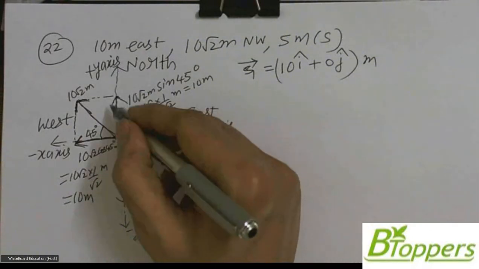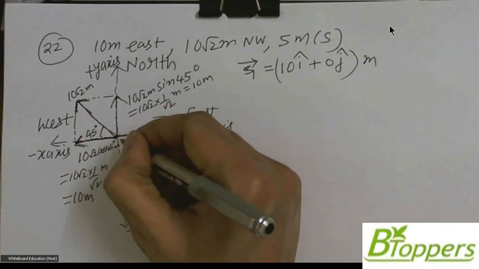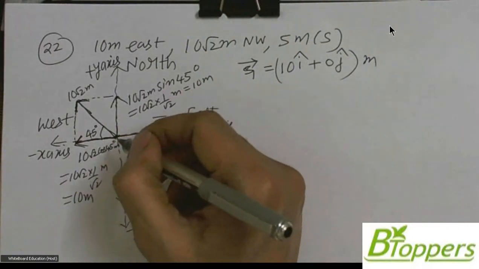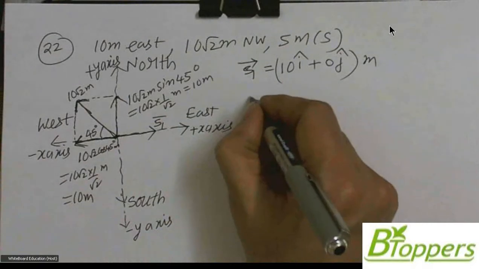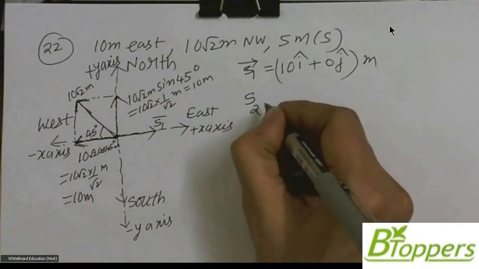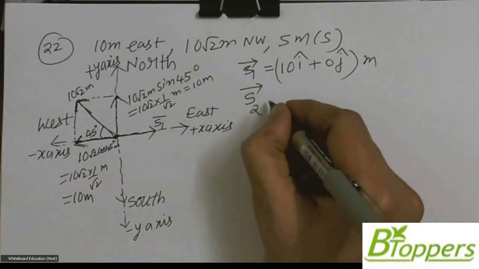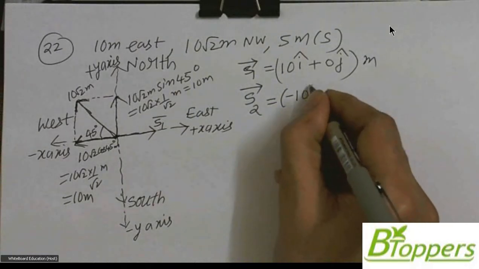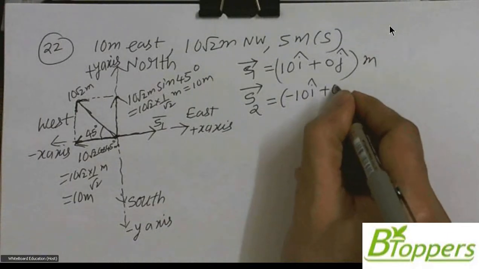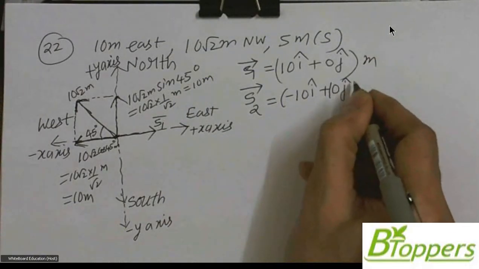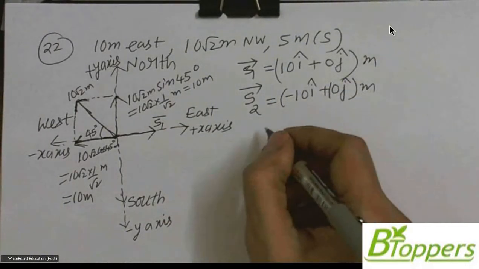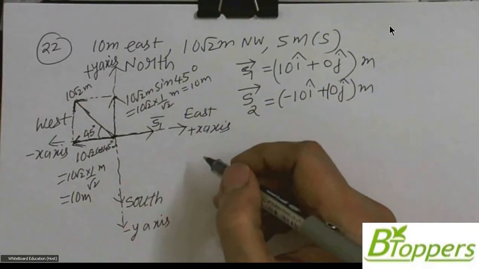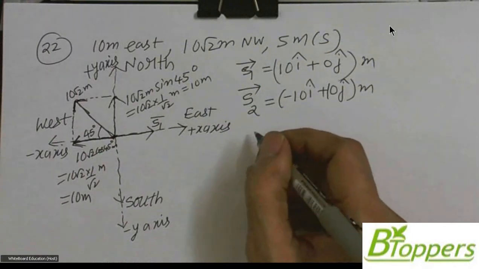The unit vector in the positive x direction is denoted by i cap. The unit vector in the negative x direction will be written as minus i cap. So the second displacement vector S2 bar can be written as minus 10 i cap plus 10 j cap meter. We have put a negative sign for the x component of the second vector because it is directed towards negative x-axis.